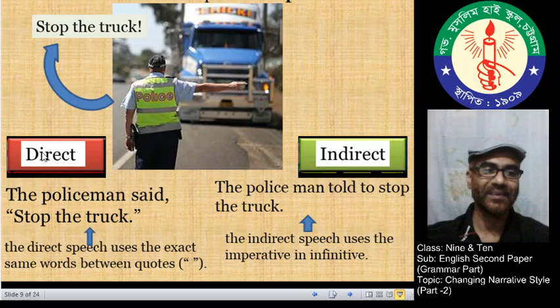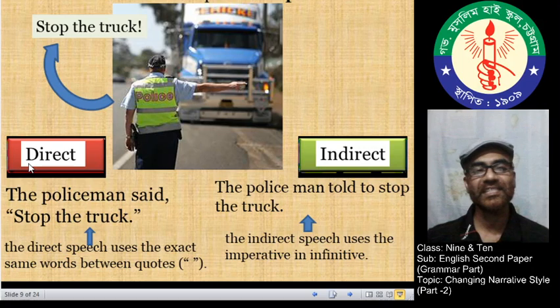Here's an example of imperative. A policeman is stopping a truck. Look at the direct speech. The policeman said, "Stop the truck." You see that direct speech uses the exact same words between quotes.